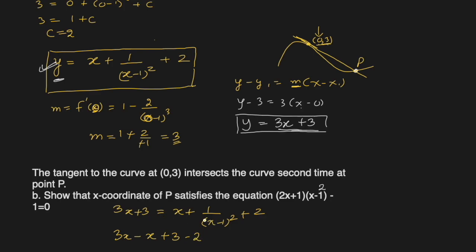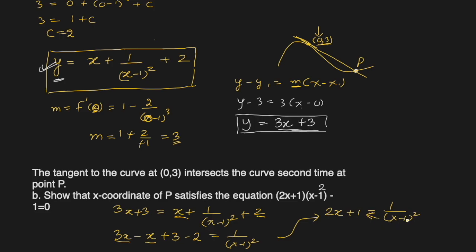So I brought this x and this 2 to the left side. They became both negative, equal to only 1 over (x minus 1) left here. So 3x minus x is 2x. Let me finish it here. 2x, and 3 minus 2 is 1, equal to 1 over (x minus 1) squared, and now we can cross multiply.